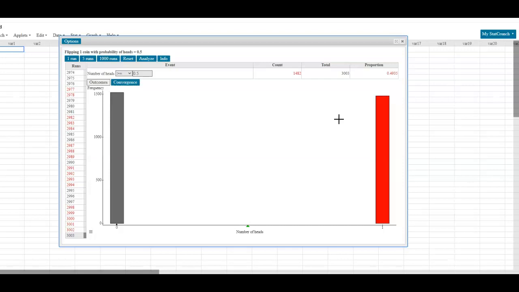So if we go back to our coin flip applet, you can see in the short run, in other words, for a few flips of the coin, we have a lot of variability in the proportion of heads observed. But in the long run, the proportion of heads settles down to a specific value. In this case, it's approaching 0.5.